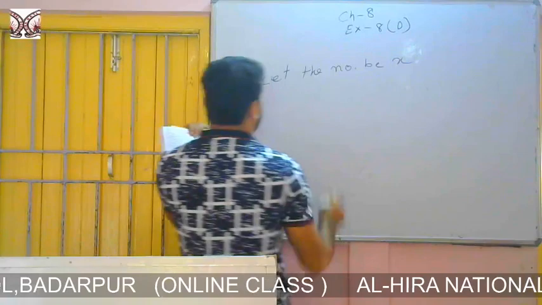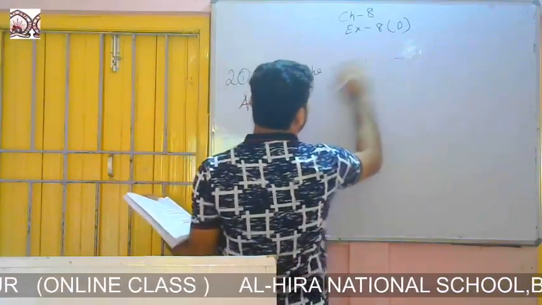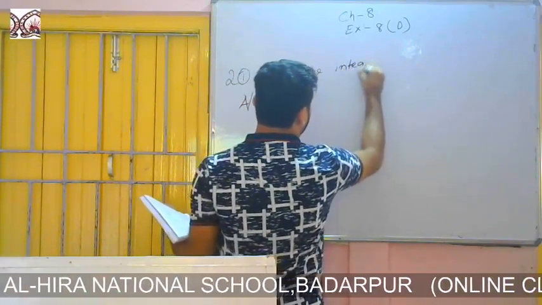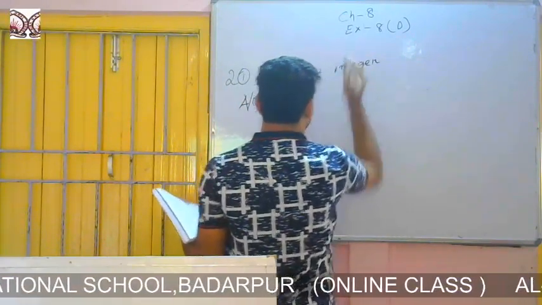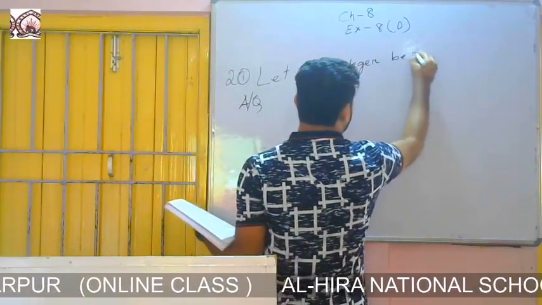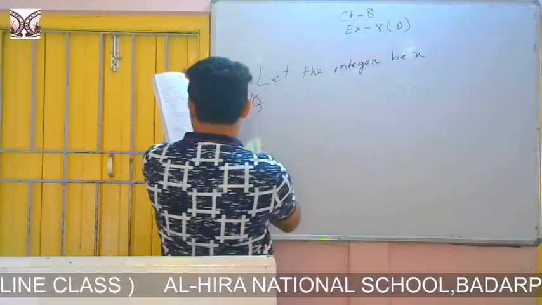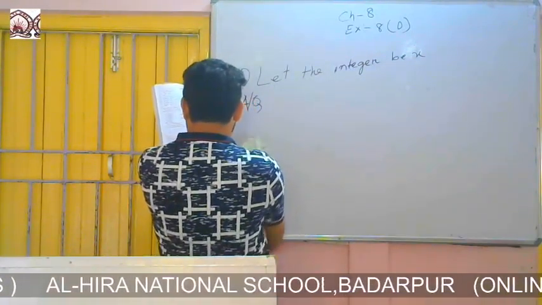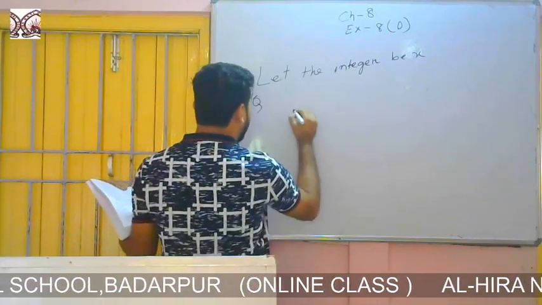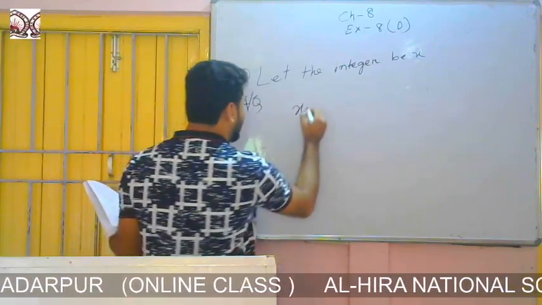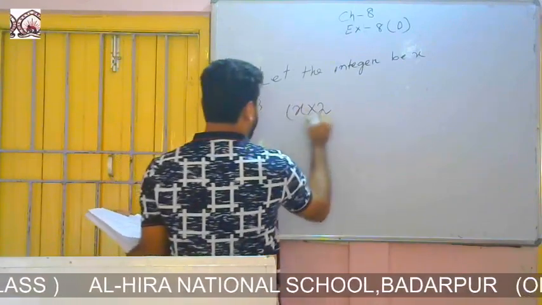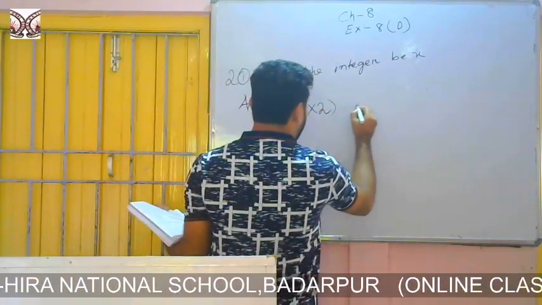Let the integer be x. Then according to the question, I am an integer, when you multiply me by 2, that means x is an integer and we multiply by 2, and subtract minus 10.